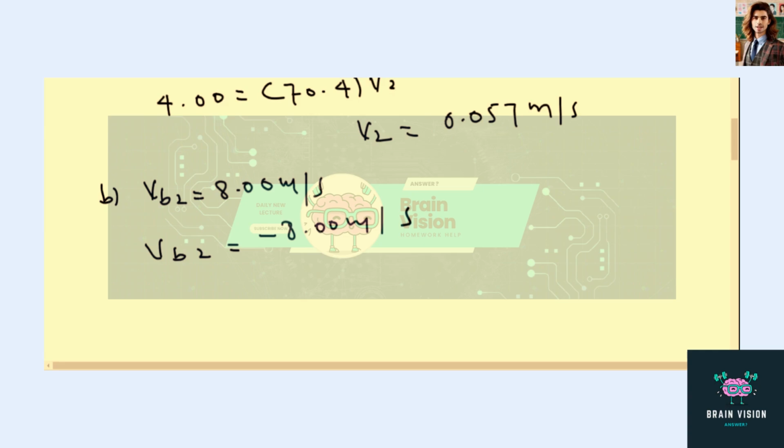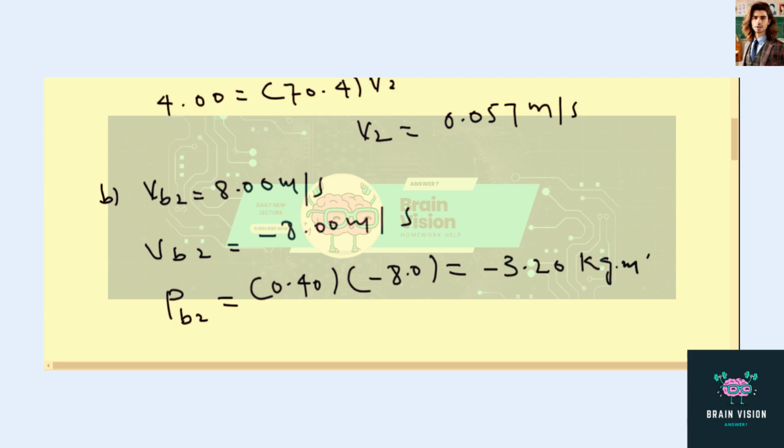Now substituting v_B2 and m_B into equation number 2, we get momentum P_B2 is equal to 0.40 times minus 8.0, that is equal to minus 3.20 kilogram meter per second, right?